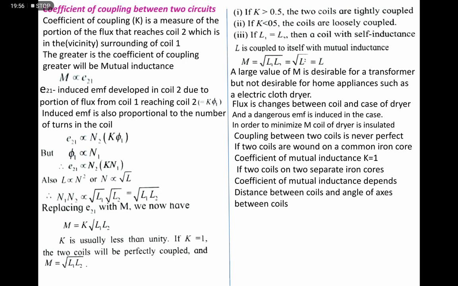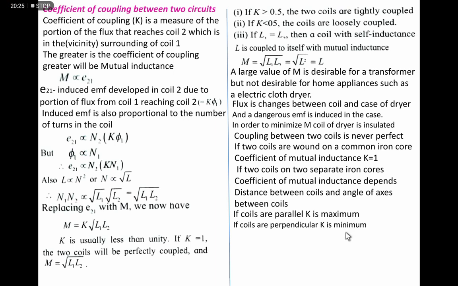If the distance between the coils is more, the flux linked with the coils will be less and the mutual inductance is minimized. It also depends on the angle between the axes of the two coils. If the coils are parallel, K is maximum. If the coils are perpendicular, K is minimum.